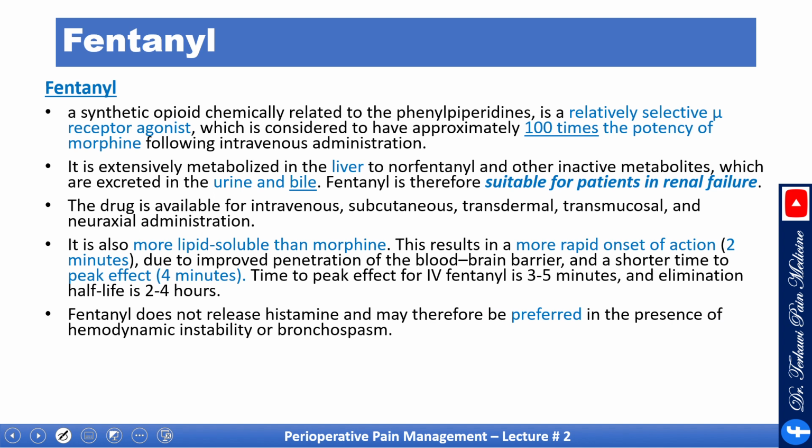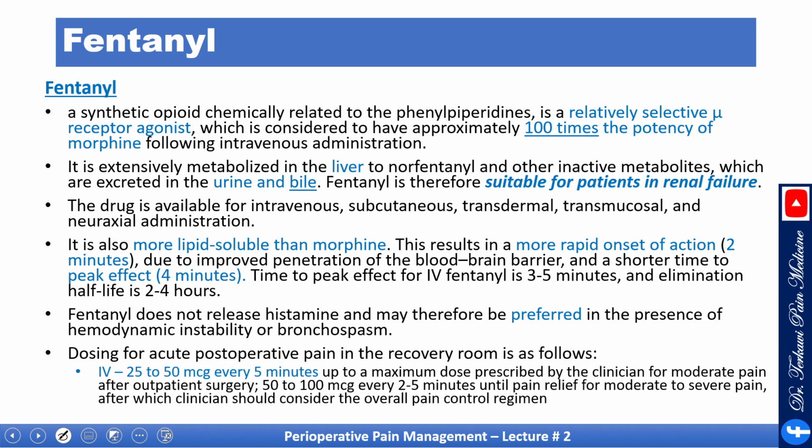Fentanyl does not release histamine and may therefore be preferred in the presence of hemodynamic instability or bronchospasm. Dosing for acute postoperative pain in the recovery room is as follows: 25 to 50 mic every 5 to 10 minutes.